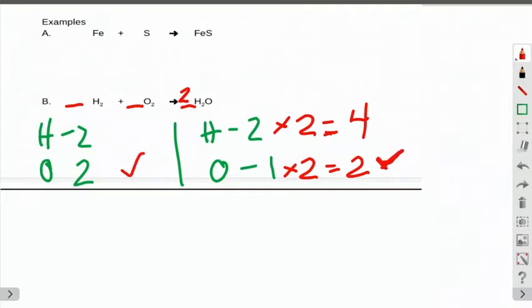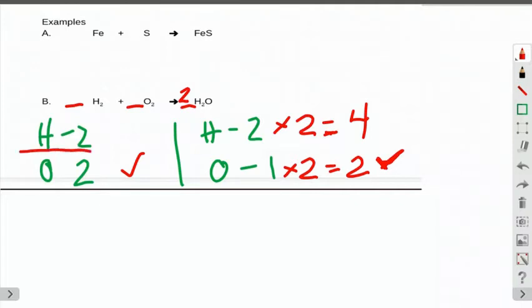But because we added a coefficient of 2, that coefficient will multiply the whole formula. So it won't just multiply that oxygen, it multiplies that hydrogen also. So we then change the hydrogen number. So it is not equal to the reactant side. We only have 2 hydrogens on the reactant side.